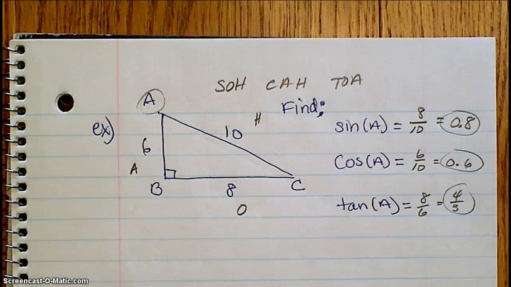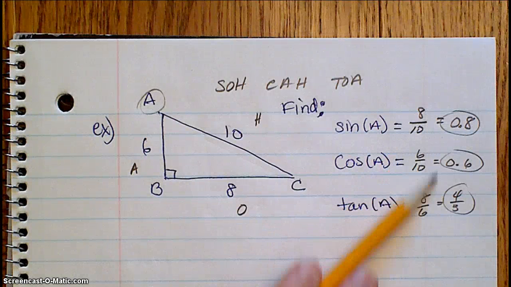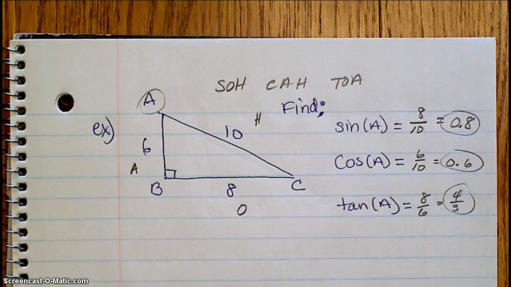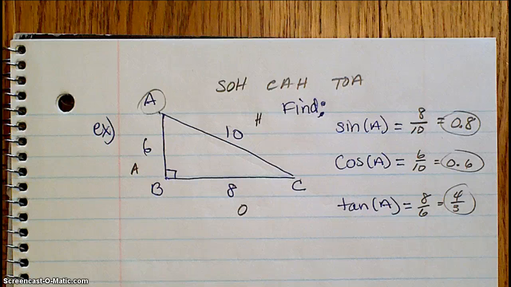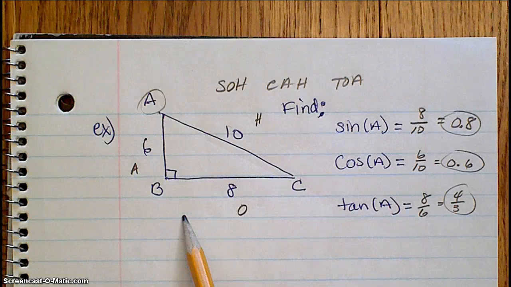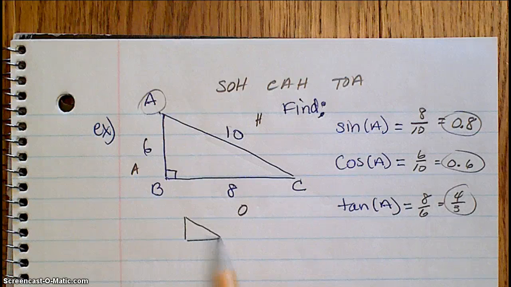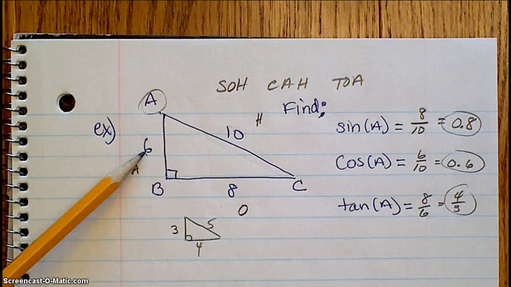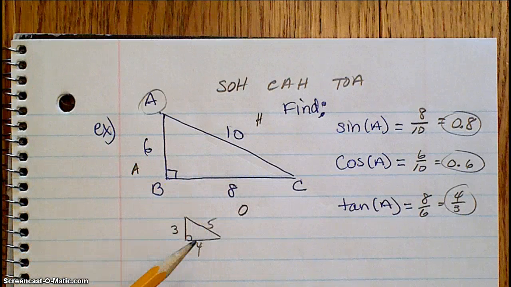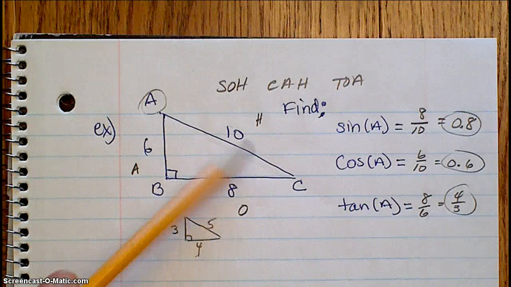Okay, so take a look at the answers that we got here and compare. The answers that we got to our previous example were the same. Can you think of any reason why that would happen? Well, if we compare the side lengths, the first triangle that we had was a 3, 4, 5. And if we compare the side lengths on this triangle, 6, 8, 10, we can see that they're just doubled.